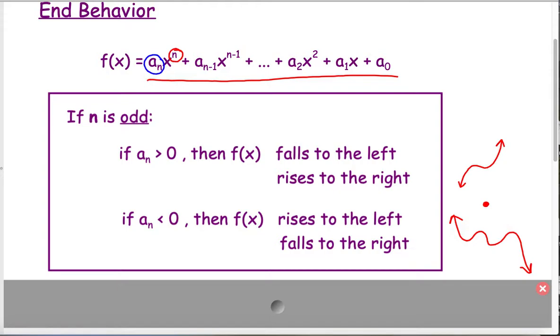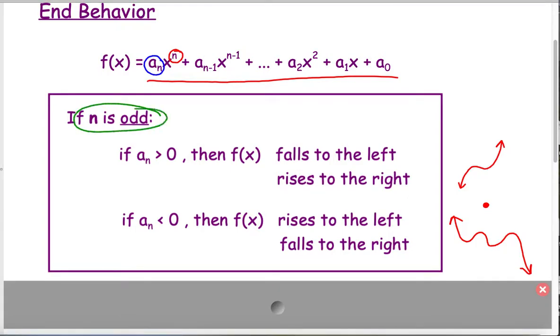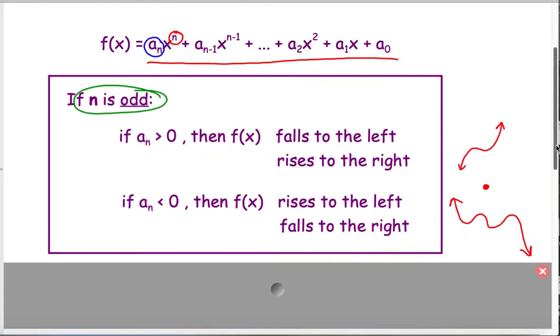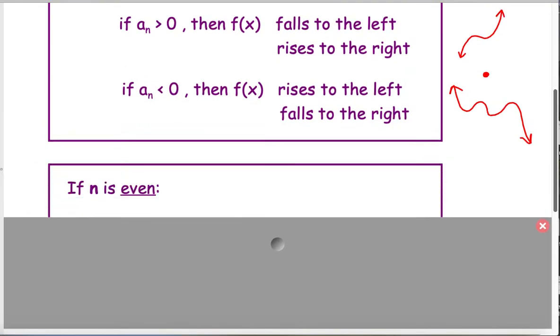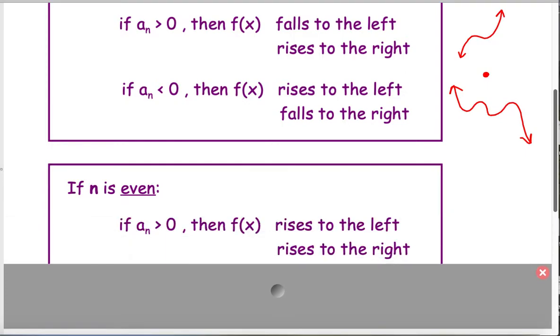All right, so those are the two different scenarios. Now, what if, instead of n being odd, n is even? If n is even, we also have two cases. We have to look at that leading coefficient. If the leading coefficient is positive, then our graph will rise to the left and rise to the right.